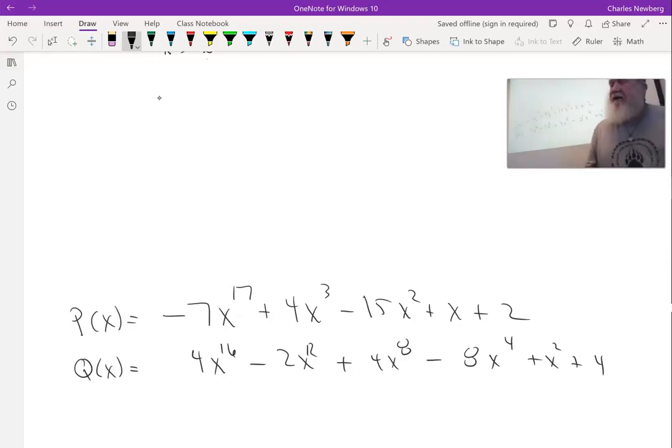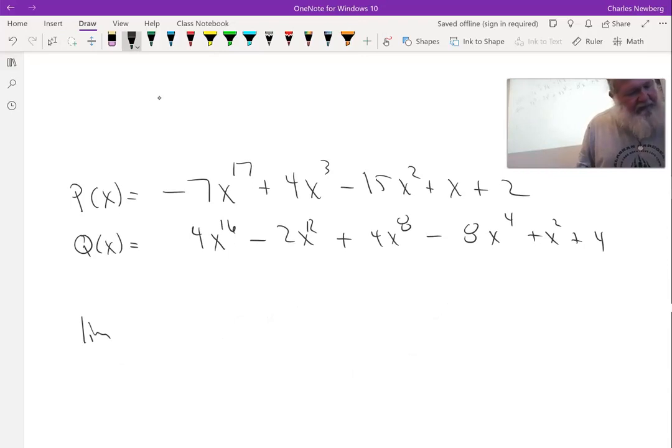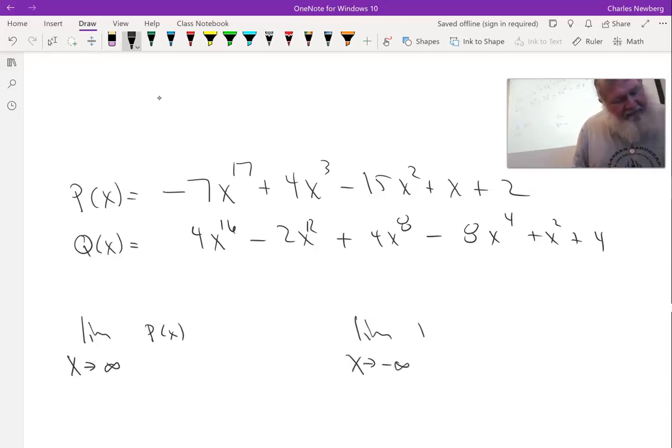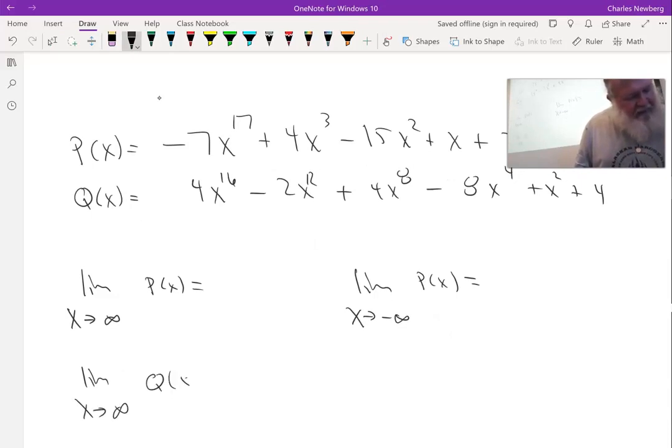I want you to find me the following limits. The limit as x goes to infinity of P of x. The limit as x goes to minus infinity of P of x. The limit as x goes to infinity of Q of x.